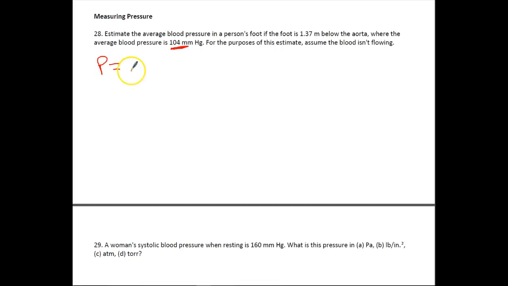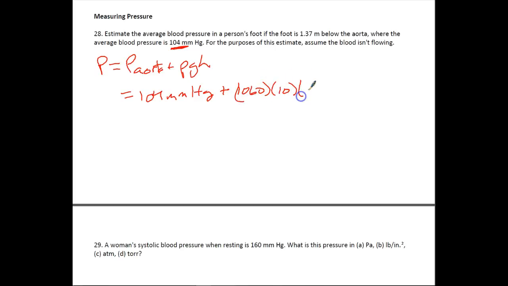So here the pressure is equal to the pressure on the aorta plus rho GH. This is a closed system, so that's what we need to use. This is 104 millimeters of mercury. We're going to add that to rho, which is about 1060, times 10, and then we have 1.37 meters.